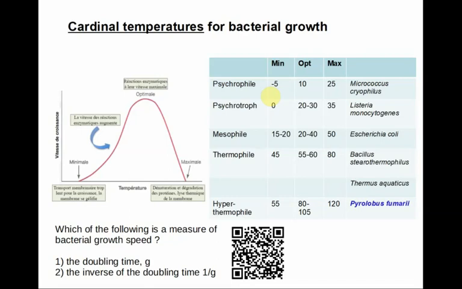So how do these extremophiles manage to grow at these extreme temperatures? For psychrophiles, their membrane biochemistry is rather specific. They have shorter chain fatty acids, the membranes are more fluid, so they function well at low temperatures.